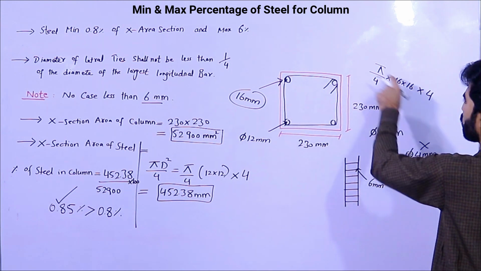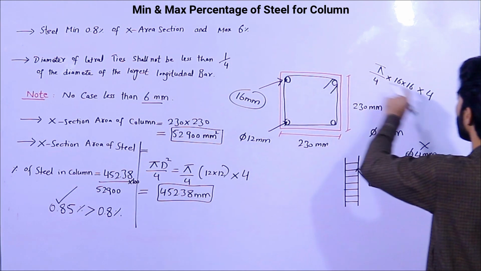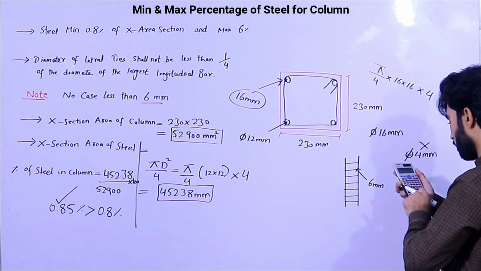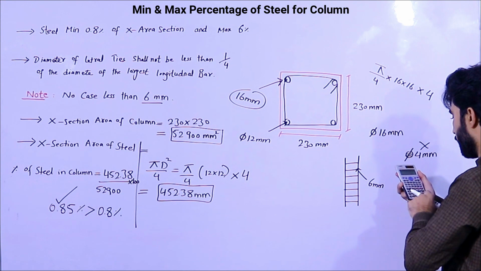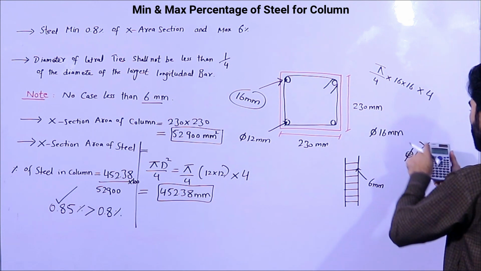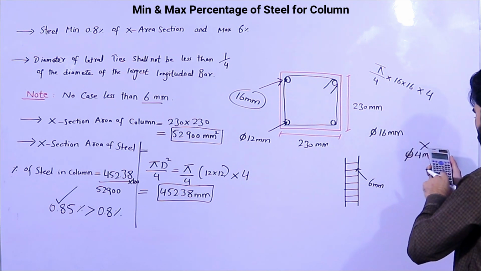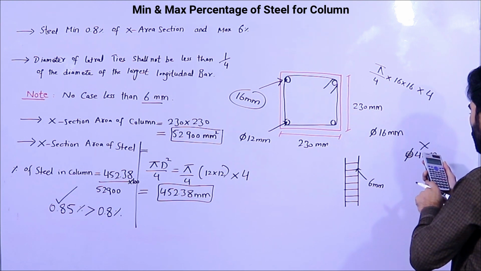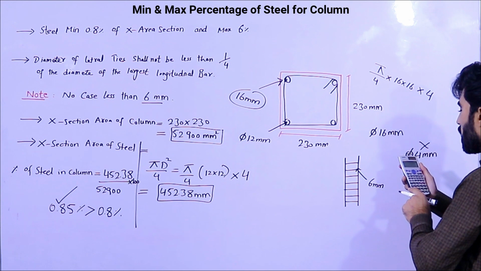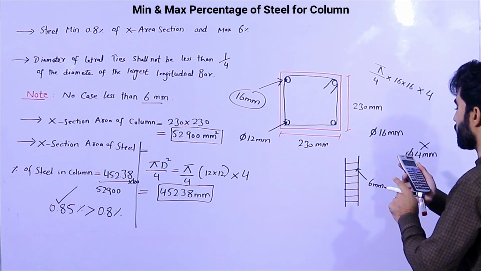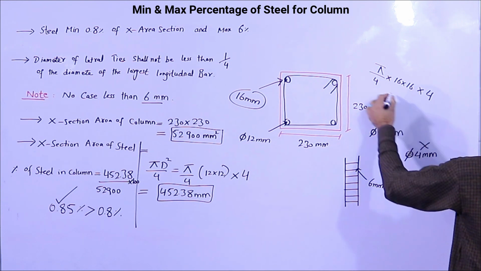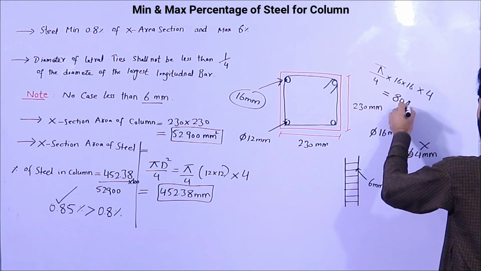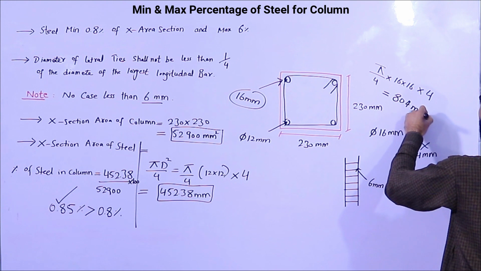Okay, so this is the area of 1 steel rod, we have 4. So it will come 804 mm square.